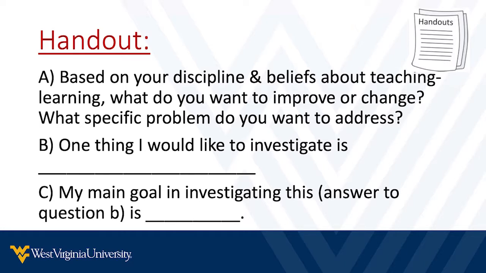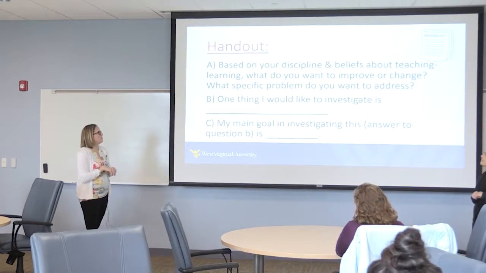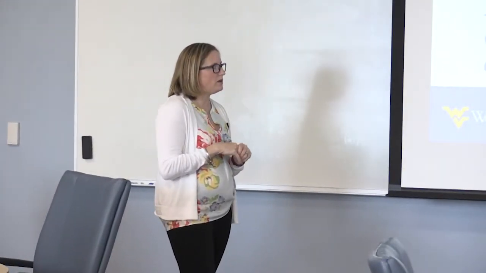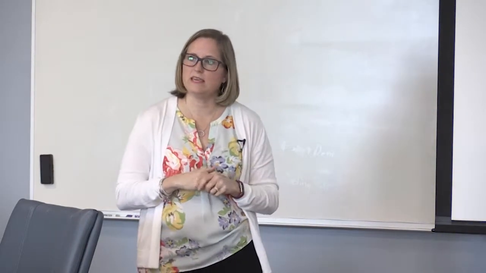What specific problem do you want to address? On your sheet, if you could look at A and fill that in. And then I'm also going to read B to you, which says, one thing I would like to investigate is, and then C is, my main goal in investigating this is, and answer to the question there. So if you could work through A, B, and C, then we're going to share these as a group, okay?